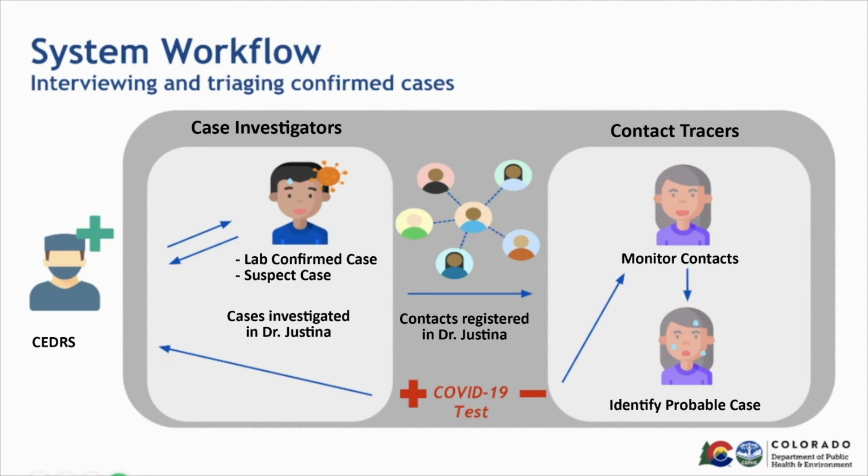However, if it is a positive case, that case will be registered in CDERS and sent back into our system, and at that point, we will go ahead and reconcile the probable case with the new positive lab confirmed case for that one specific person. And we will go into more detail of all of these workflows in the technical videos that you will watch after this video.